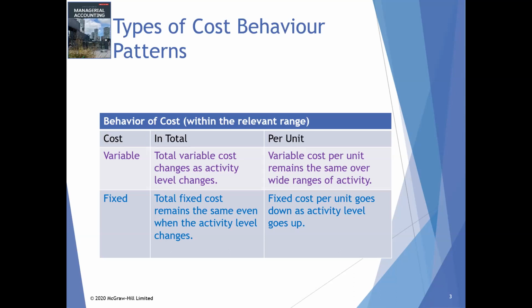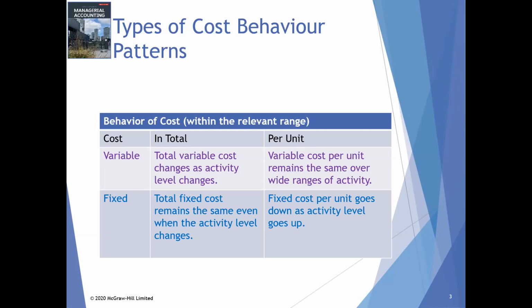Now, if we talk about the fixed cost, total fixed cost remains the same even when activity level changes. So the activity level is changing, 10 to 20, 100 to 200 customers, but the fixed cost, such as the rent of the building, will remain the same.